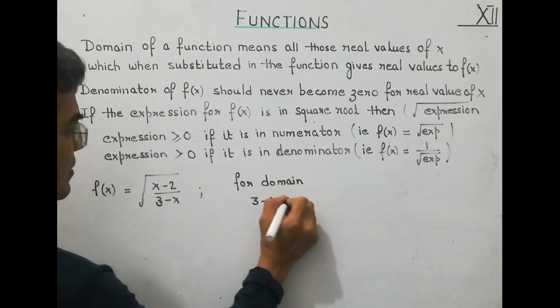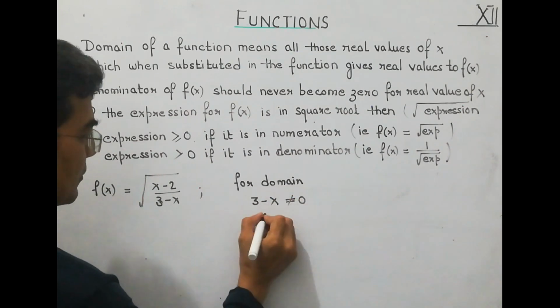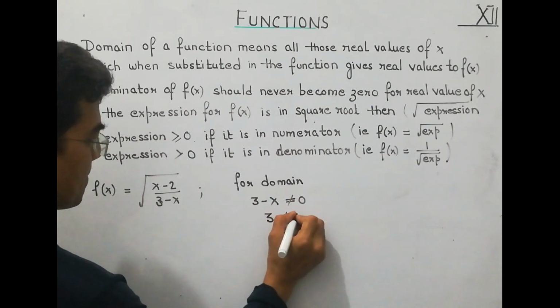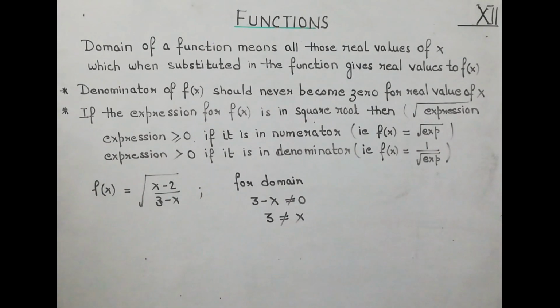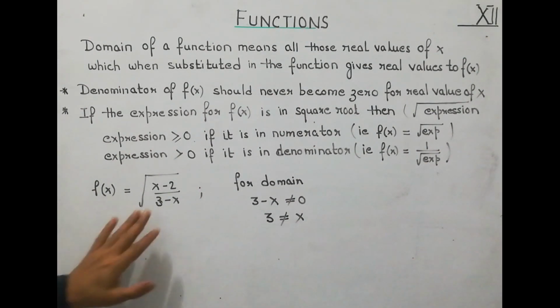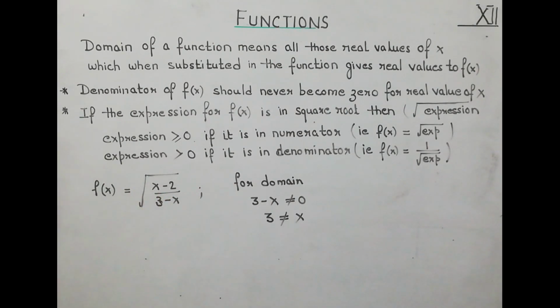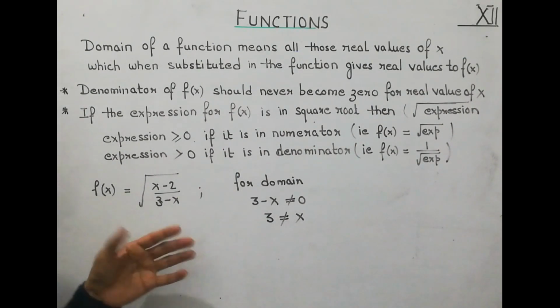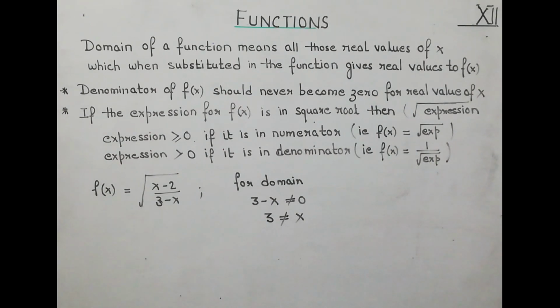3 minus x should not be equal to 0. So x is not equal to 3. So 3 cannot be in the domain. First point is this. Now what other values? Because 3 cannot be in the domain, but that doesn't mean that any other real number can be in the domain.